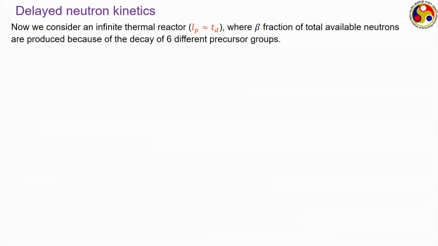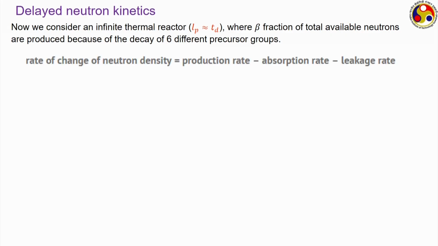Finally, we shall be starting briefly the delayed neutron kinetics today, for which we shall be setting up a mathematical base, and we shall be finishing up in the next class. Let us again consider an infinite thermal reactor such that LP is nearly equal to TD. Like the earlier case, we consider all neutrons to be prompt in nature, but here a beta fraction of the total number of neutrons comes from the delayed neutron precursors.